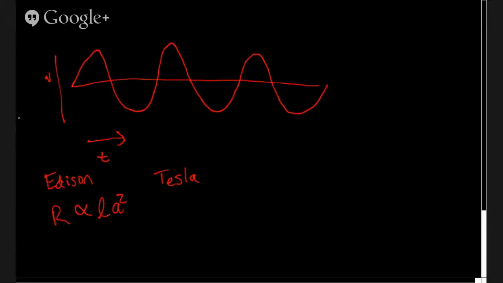So the longer a wire is, the higher the resistance. Same with a smaller cross-sectional area.